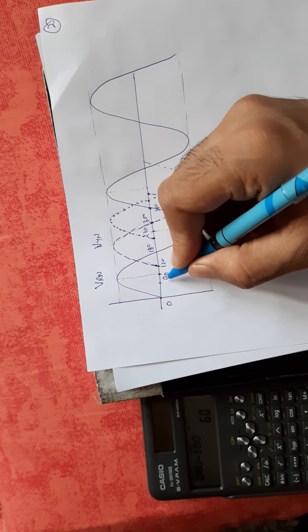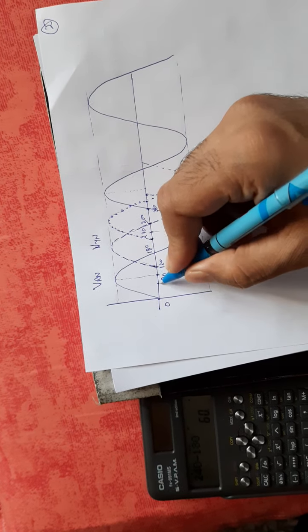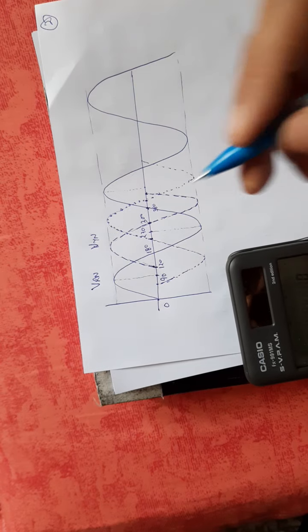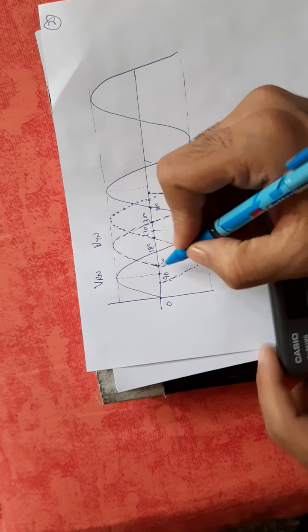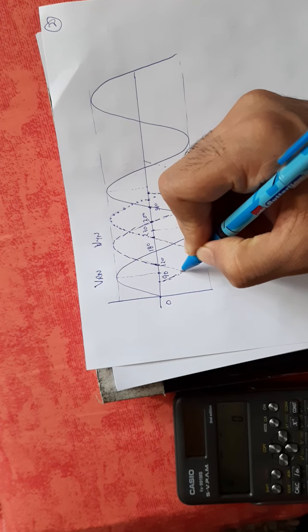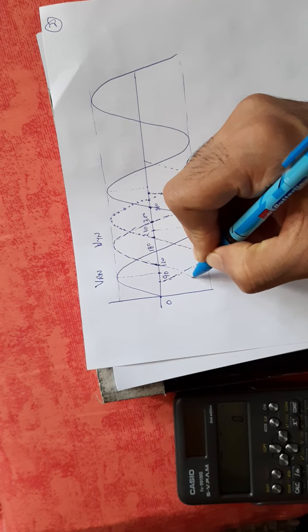This one 240. So it will go like this. Like this. Okay, so this is 120. So it will come here like this. This will go like this. Okay, hope it is clear.